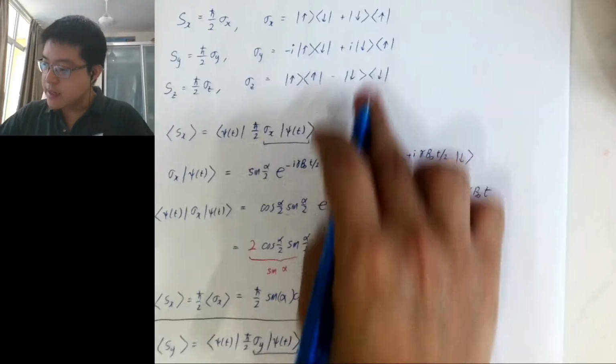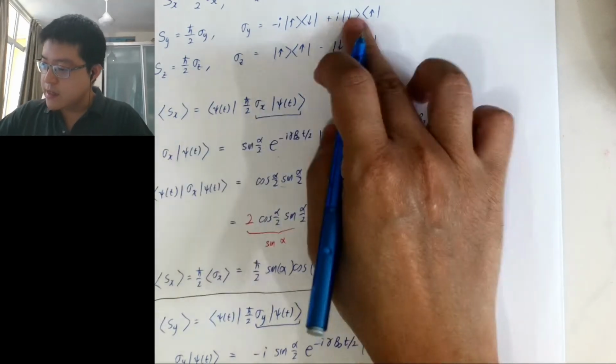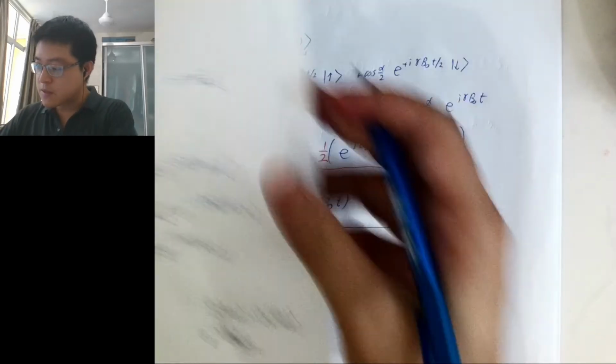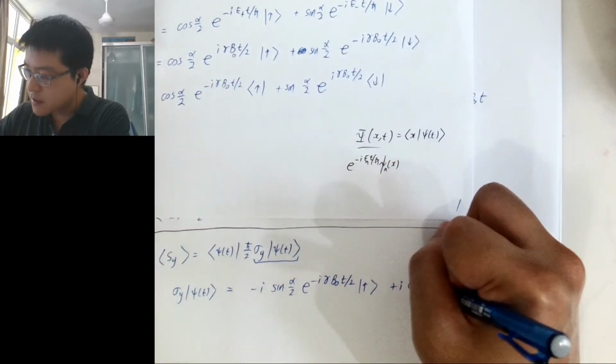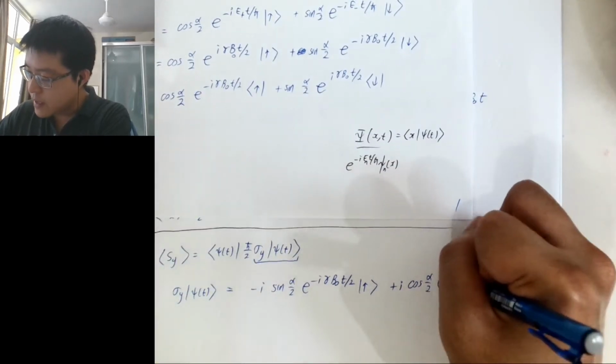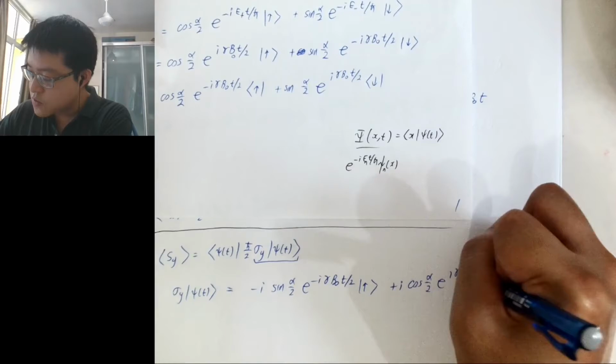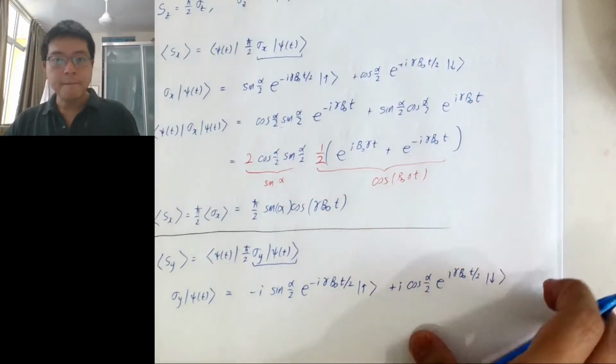And then the next term is plus i, up left behind with down, so I'm left behind with cos alpha over 2 e to the i gamma B0 t over 2. This is the down state.